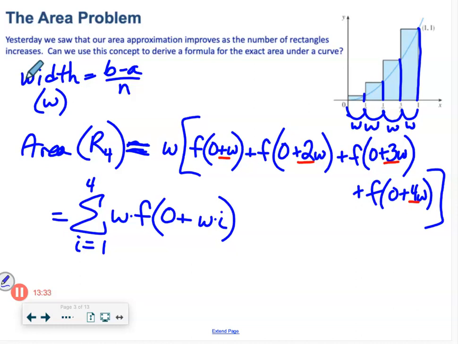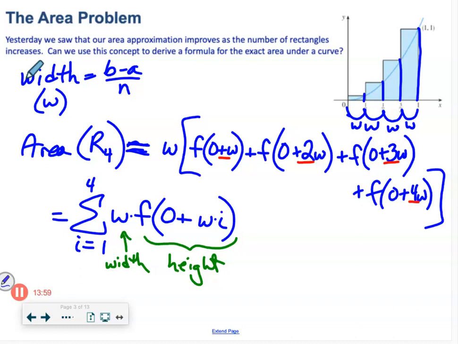Okay, so I'm going to walk you through just so that you understand. Let's think about it: width, height. I'm going to label this. So, width, height. If I is 1, I get the width times the height of the first rectangle.